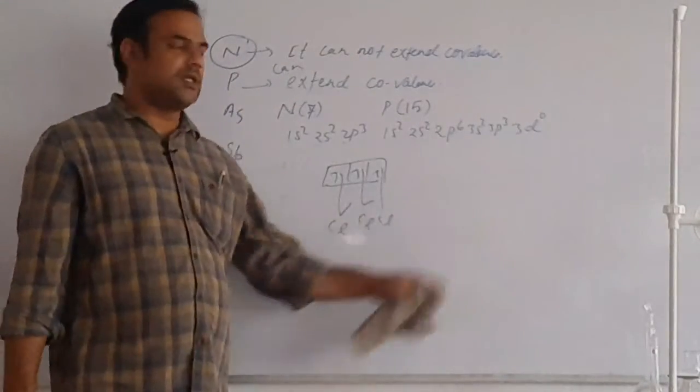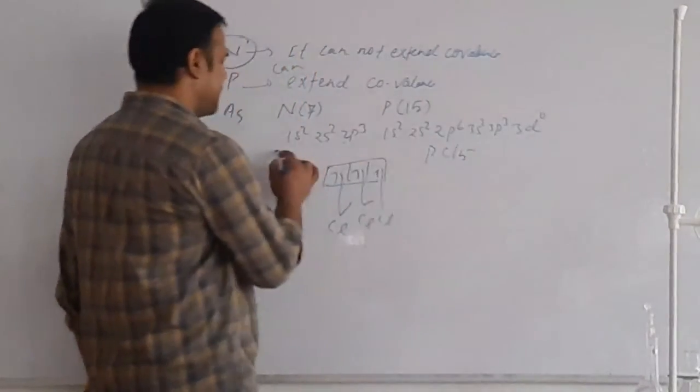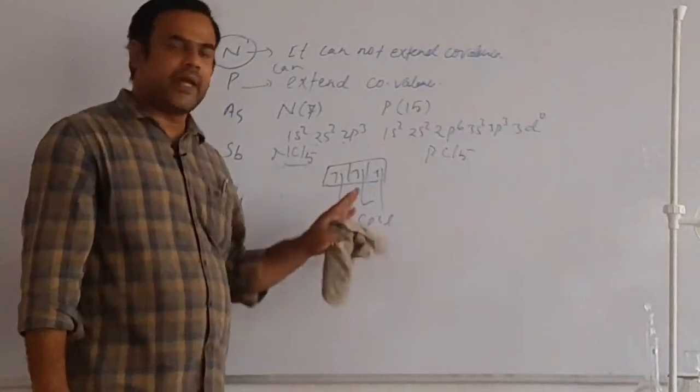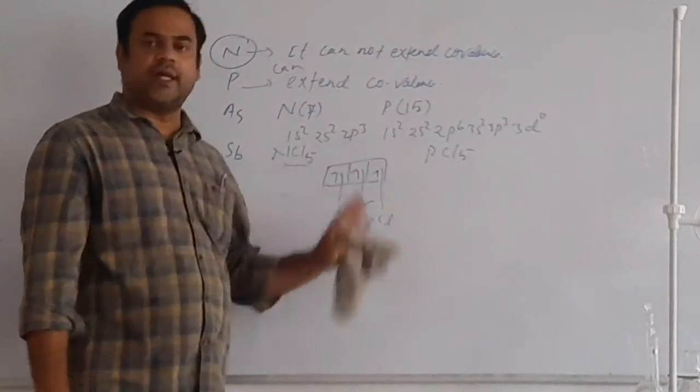But in the case of phosphorus, PCl5 is possible. NCl5 is not possible because nitrogen has no vacant d orbital, so it cannot extend its covalency from 3 to 5.